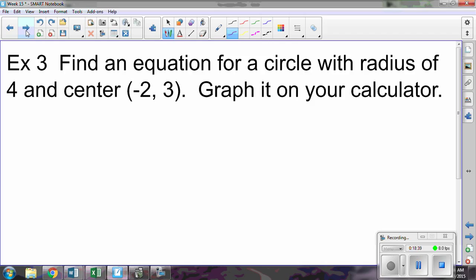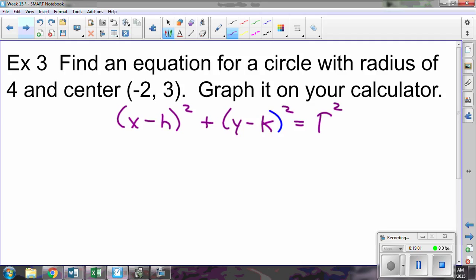Find the equation for the circle with a radius of 4 and a center of -2, 3. Now, 2 different approaches we can look at it. We can just use the formula. That, of course, is the simplest way. Just plug it in.